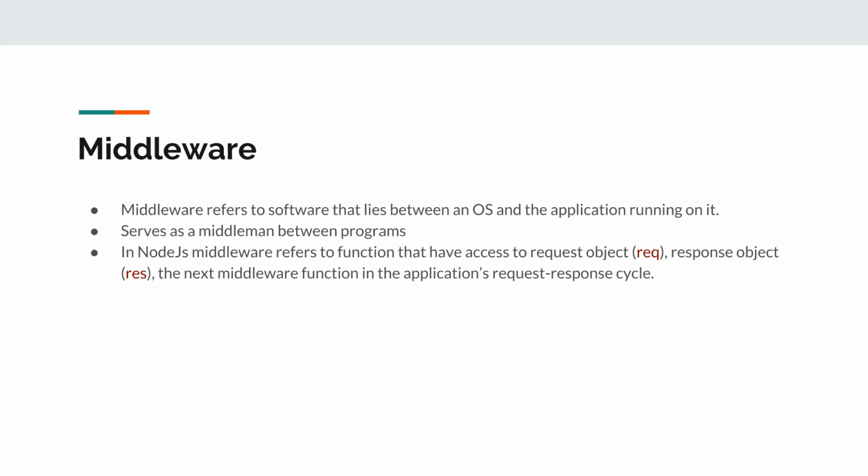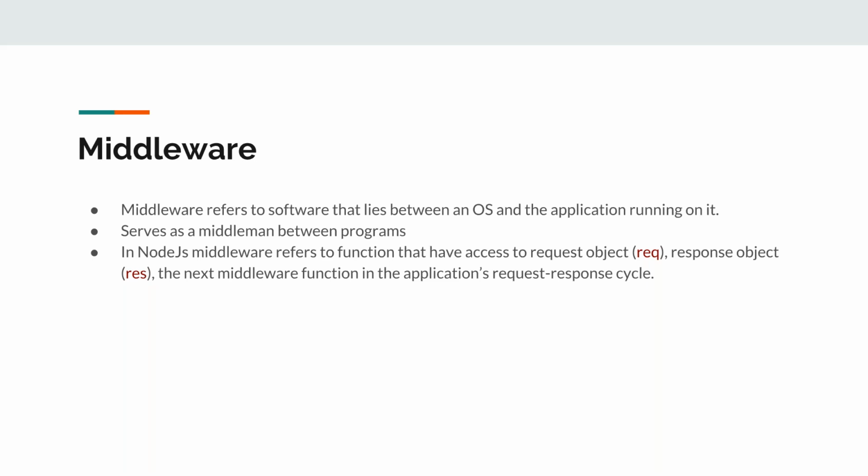Middleware just refers to software that lies in between your operating system, which is Windows, Mac, Linux, whatever the case may be, and the applications and services running on your computer.